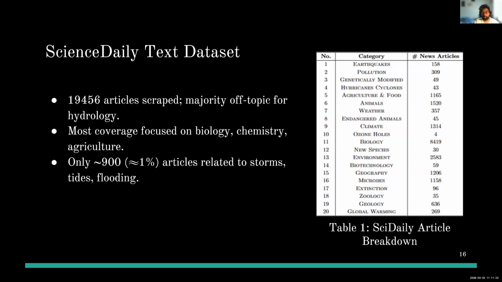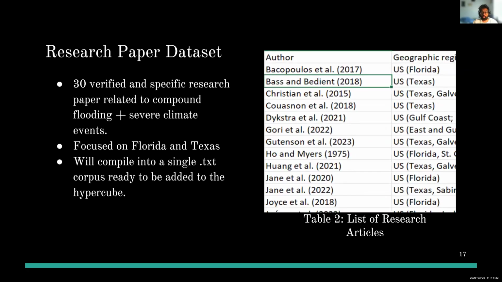And so when I had run my initial benchmarking, it gave me less than desirable results. But now to improve this quality, I've integrated a specialized data set of 30 verified research papers focusing specifically on severe climate events in Florida and Texas.